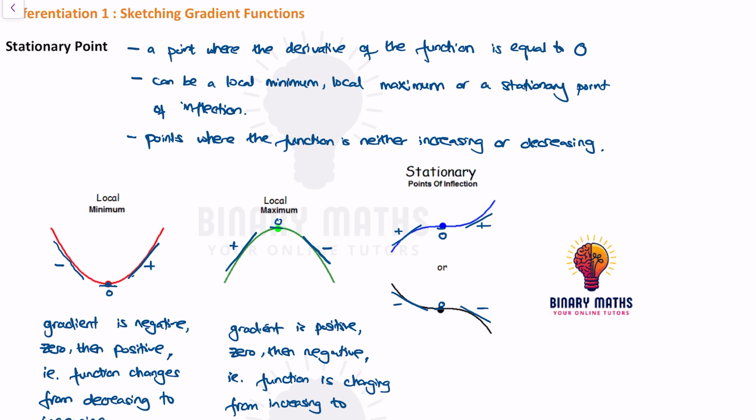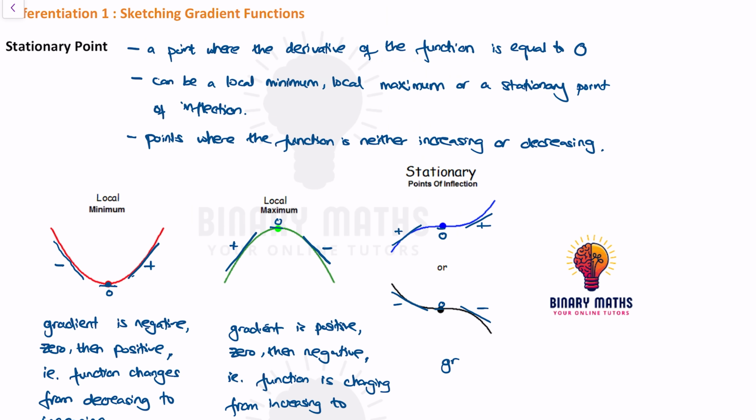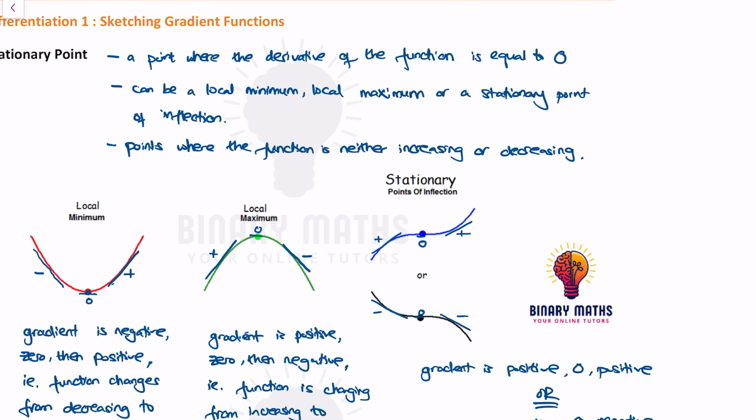So you can have one of two cases: gradient is positive, 0, positive, or negative, 0, negative.